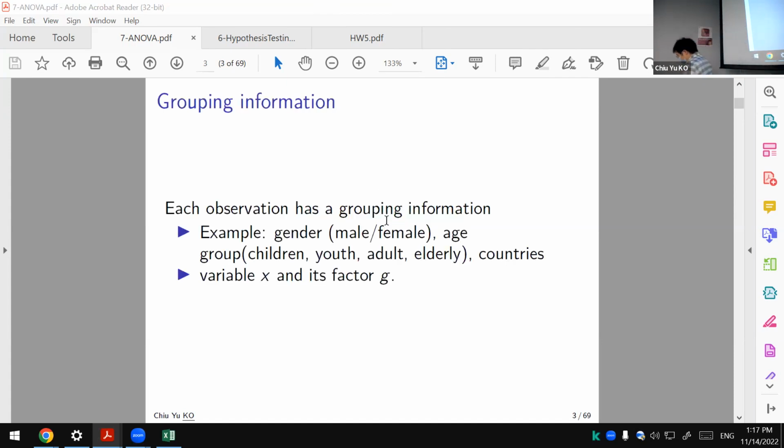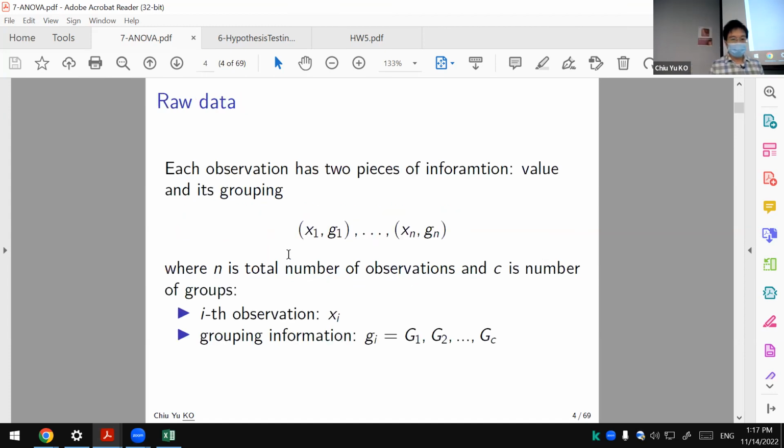So let's consider the following. Each observation has grouping information, either your gender, your age group, or your country. Sometimes they call this a factor. So we have an observation, and we also know which group it's in.